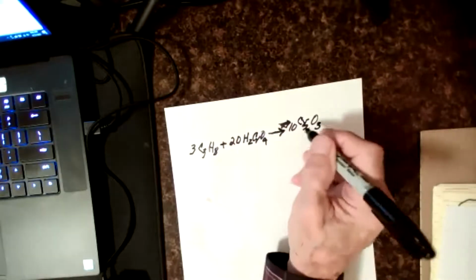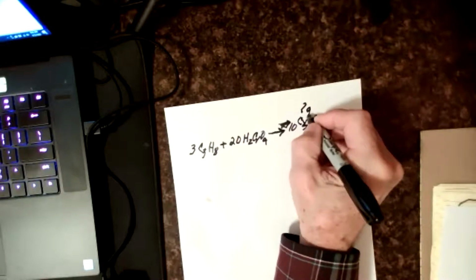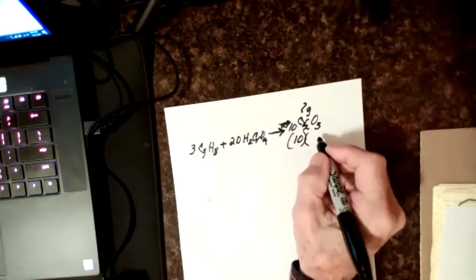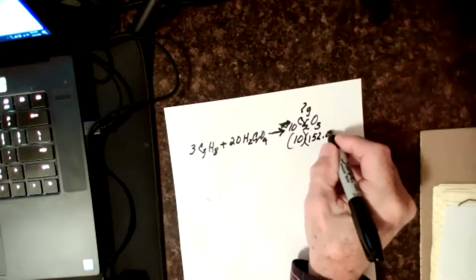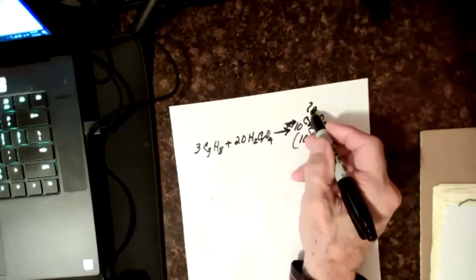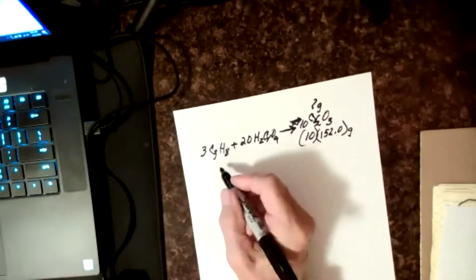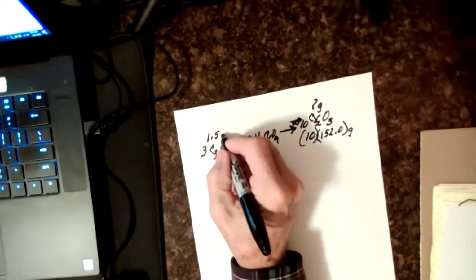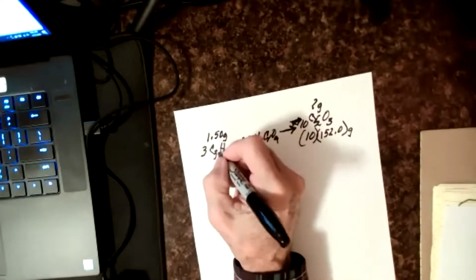Now, let's see. We wanted to know how many grams, what mass. Okay, the equation is showing 10 moles of that, and the formula mass of that is 152. Okay, so there is the problem amount is how many grams. The equation amount is 10 times that many grams. Now, we're reacting 1.5, I'm going to add another digit, 1.50 grams of the propane.